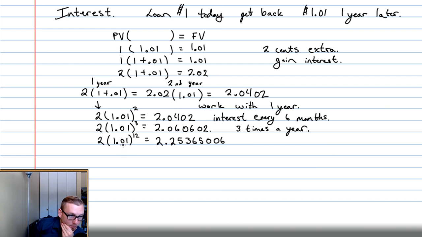Okay. What about instead of every month, what if we calculated interest every day? There's 365 days, right? It's going to go up huge. So 1.01 to the 365 equals what? Well, 2 times 1.01 to the power of 365 should be very large, right?